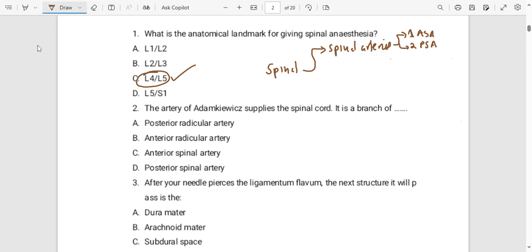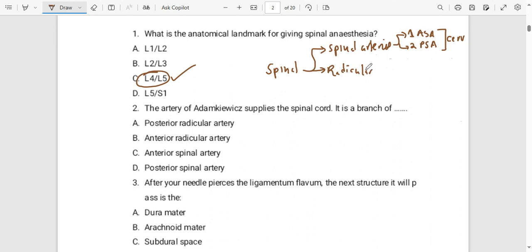And then another. So these spinal arteries, the anterior and posterior, are branches of the vertebral artery. Please take note that these will only supply the spinal cord up to the cervical end. And then the next are going to be the radicular arteries.